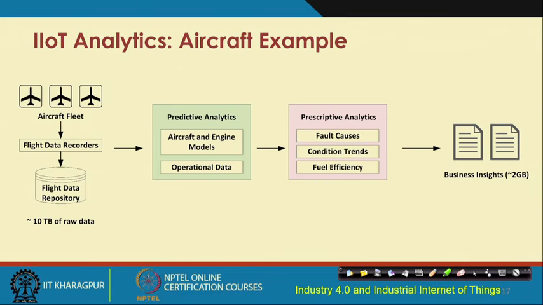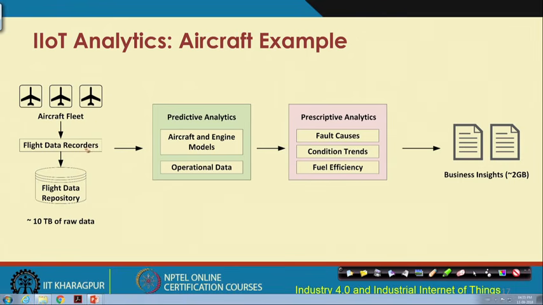So, let me just take an example of aircraft. Aircraft fleet: each aircraft, as you know, is equipped with different flight data recorders. These flight data recorders record the data that are coming from the different parts, different components of each of these flights.